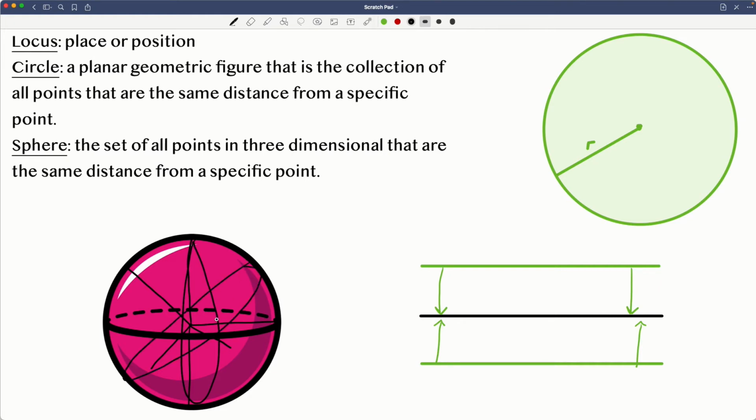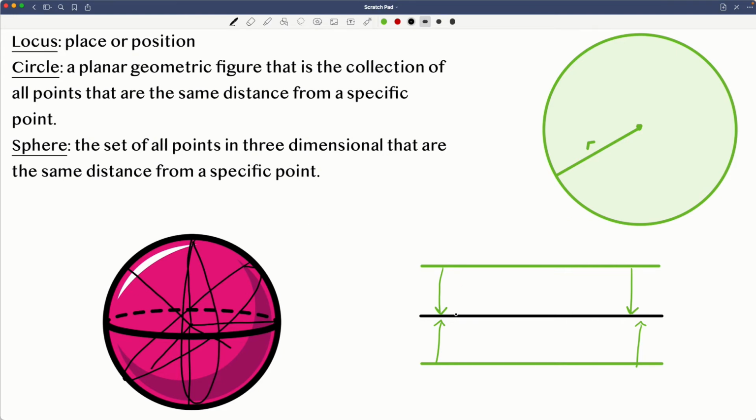So the sphere is going to be all revolving around this center point here. So it's kind of cool when you think about it, how they are alike in that regard. So the outer edge, think of a ball, the shape of the ball on the outside, the skin, the part that we inflate, that bit of the ball, that is the locus of all the points that are the same distance from the center of that ball.